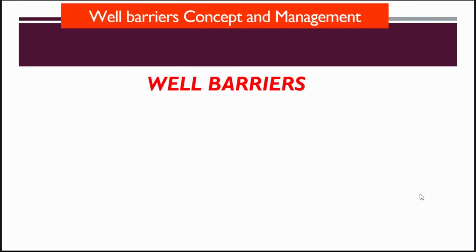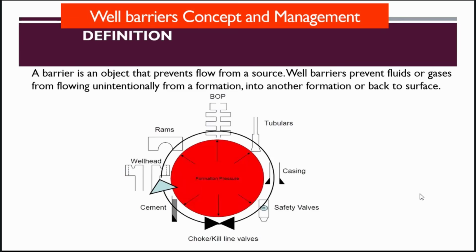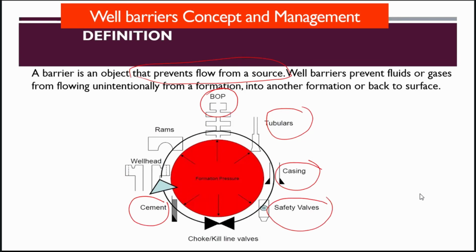These things which control the pressure from the well, we term as barriers. A barrier can be defined as any object that prevents flow from a source. Here our source is the well, so it prevents flow from the well. Our barrier can be a fluid like our drilling mud, or any piece of equipment like the BOP. Tubulars are a barrier, casing is a barrier, safety valves are a barrier, cementing is a barrier. All those things come under barrier.